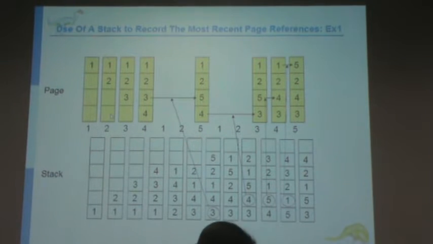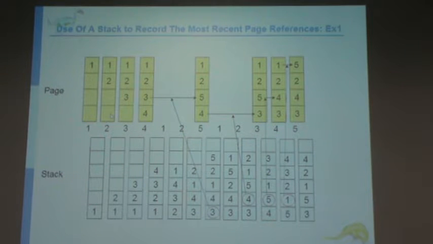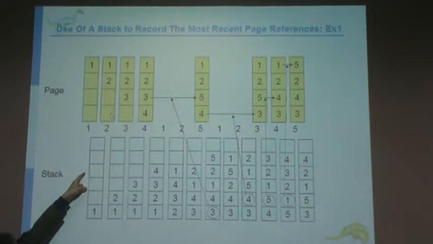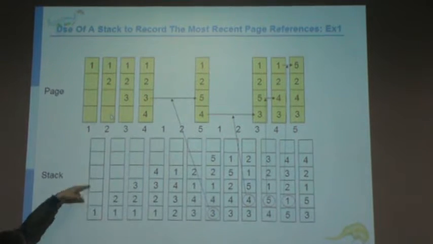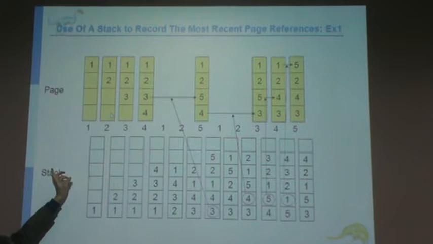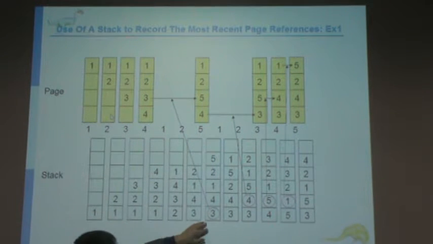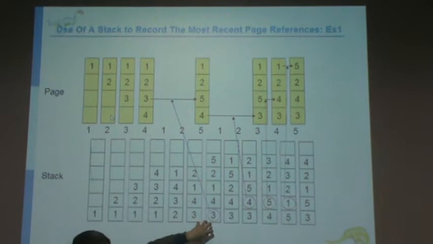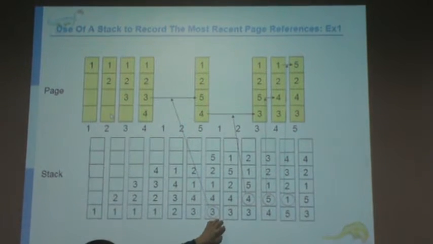So we are going to manage the n plus 1 stack. Okay? And we can stack up. So this is the top, this is the bottom. We can put and pop out. There is an operation to pop out, not from the top, but from the bottom, to find the least recently used one.